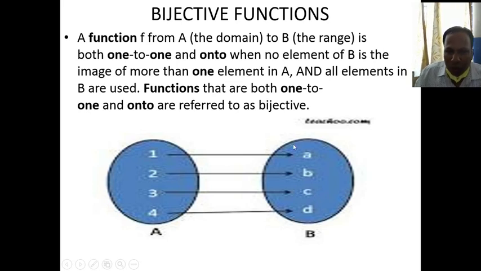That means codomain must be equal to range, and accordingly we can say a function f from A to B is both 1-1 and onto when no element of B is the image of more than one element in A, and all elements in B are used. Functions that are both 1-1 and onto are called bijective functions.